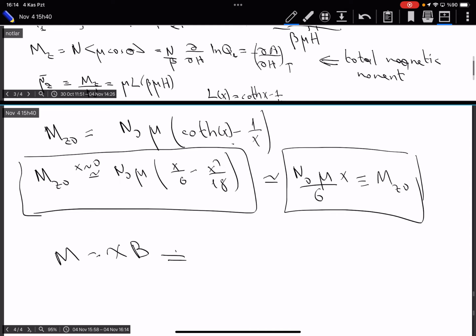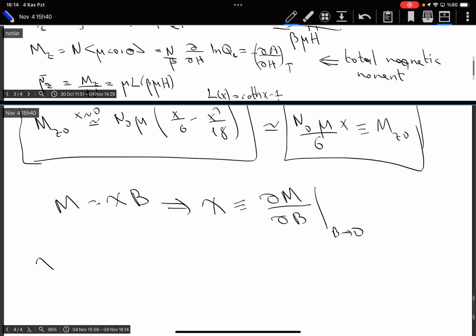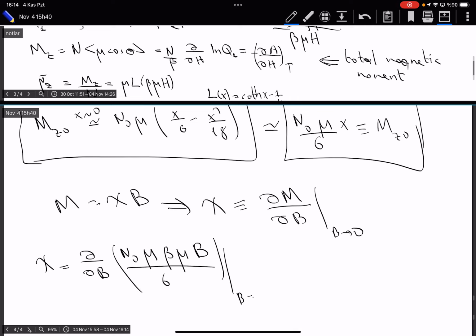We can write the magnetic susceptibility as the derivative of magnetization with respect to B evaluated when the magnetic field goes to 0. So in our case, chi will be derivative with respect to B of n0 mu. Well, x is beta mu B. Well, this is equal to n0 mu squared divided by 6 kT.